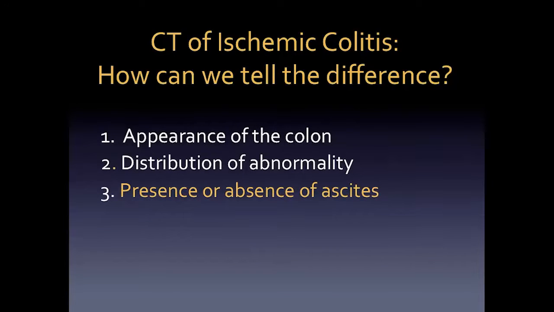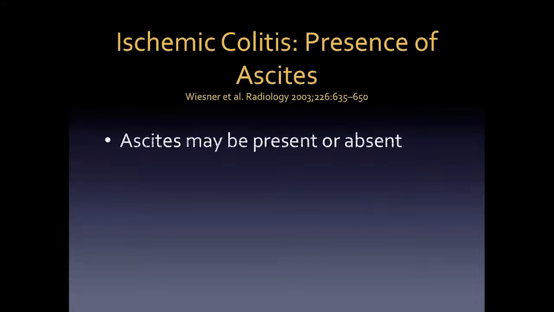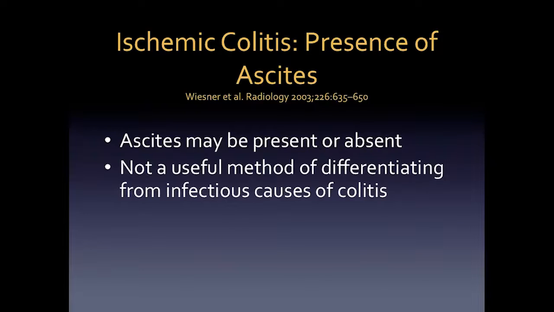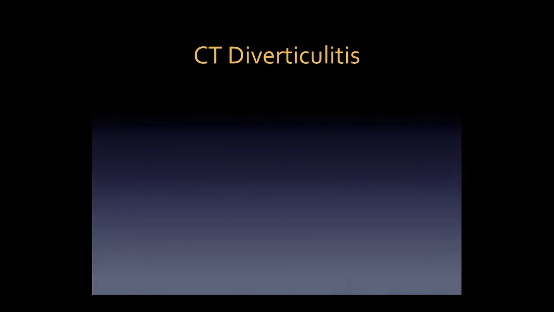And then ascites, in terms of ischemia, not wildly helpful here. It can be present in some cases, absent in others. Not really a useful method for differentiating from infectious causes of colitis, but helps most with those cases of IBD.